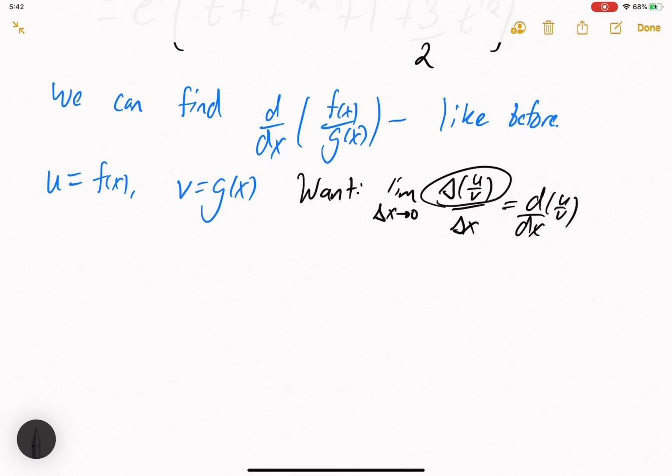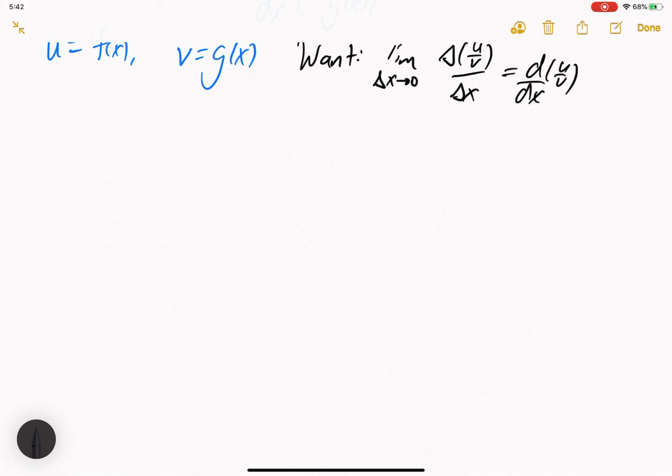So the first thing is we need to find this change, then we need to divide by delta x, and then we take that ratio. Likewise, when we did delta u times v, we did a change in areas. We took the new area minus the old area once we added a change in x. So likewise, we're going to add a change in x to the ratio u divided by v.